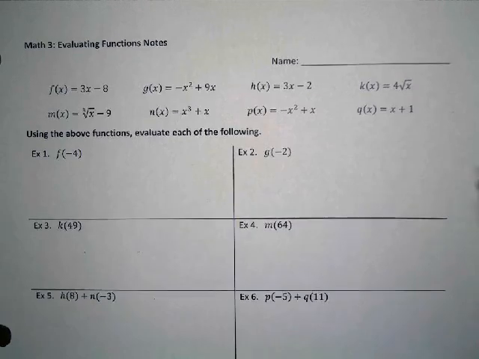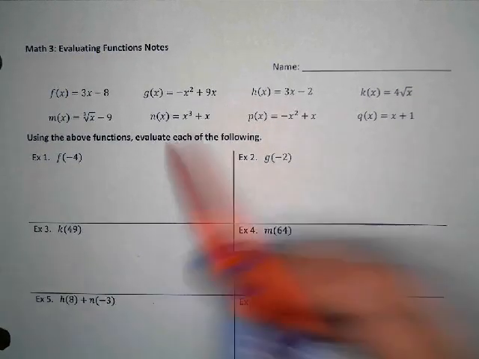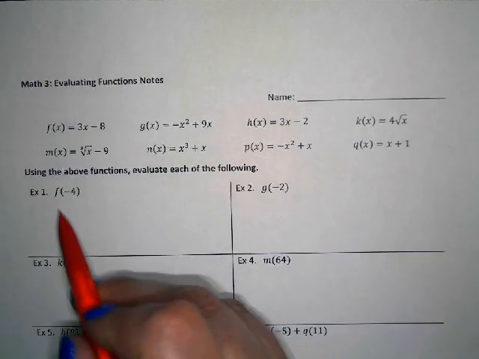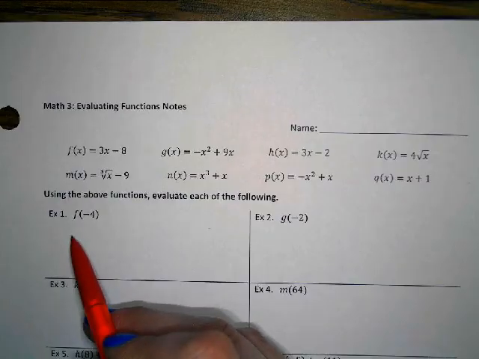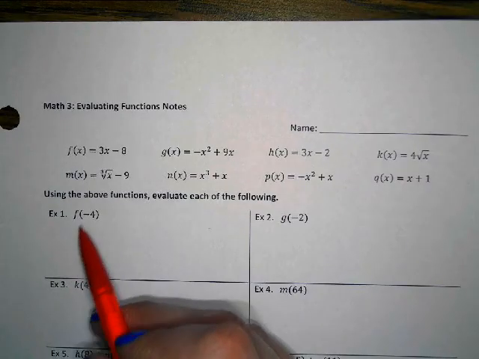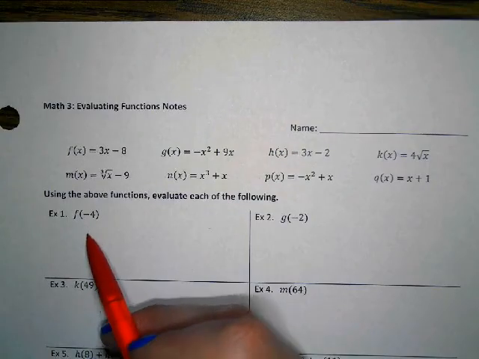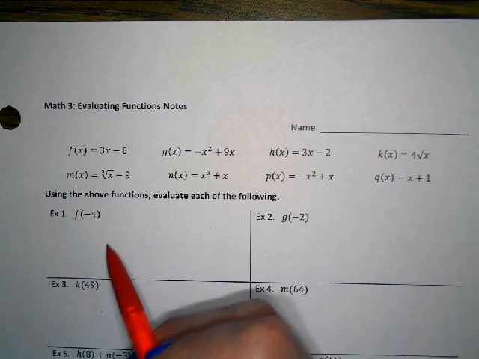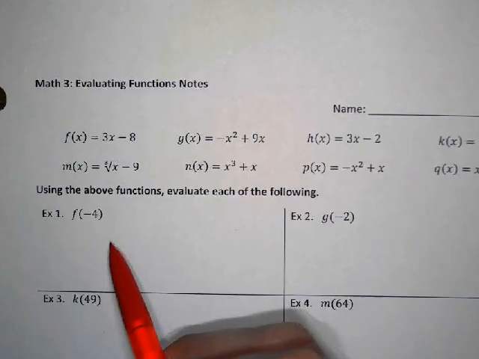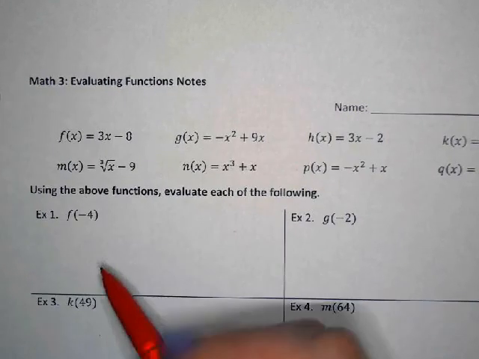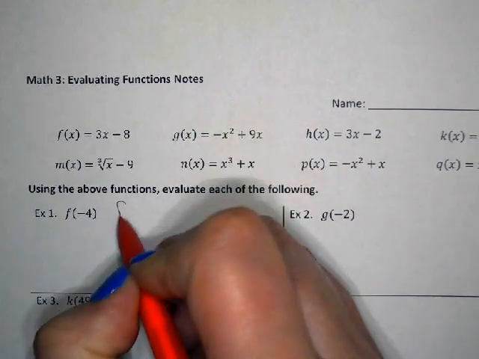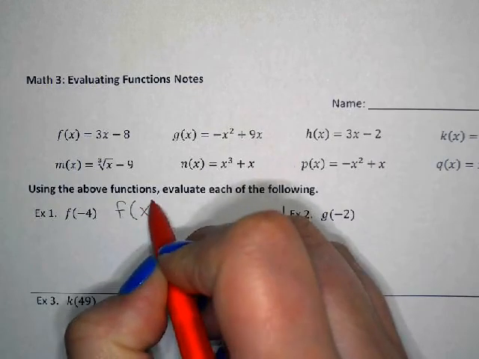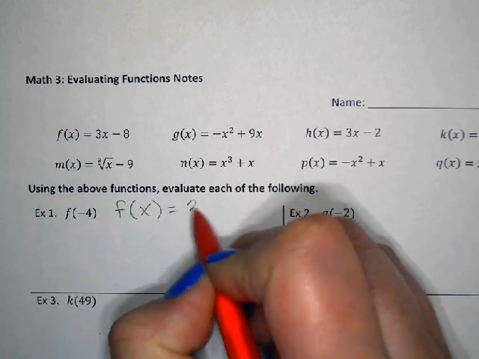We'll evaluate that function. So for example 1, it says to take function f and to plug in -4. So the first thing that we're going to do is write down function f. So f of x, function f is 3x minus 8.